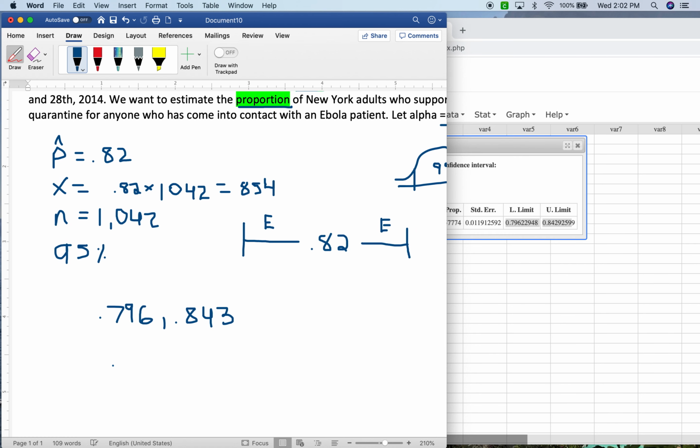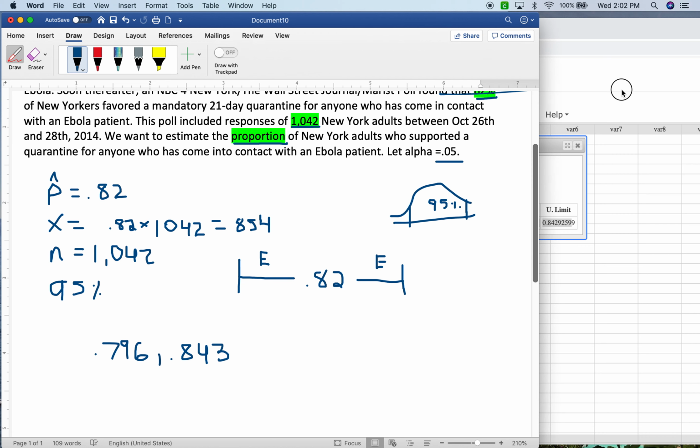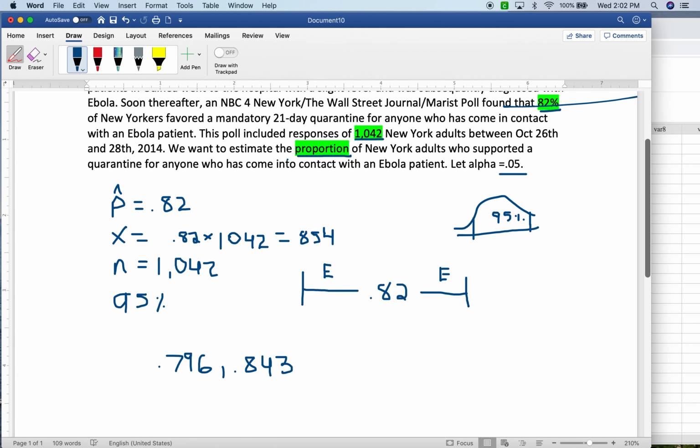Changing these to percentages to make for our interpretation. Going back to our original problem, this tells us that the true proportion of New York adults who supported a quarantine for anyone who has come into contact with an Ebola patient is between 0.796 and 0.843. If we want to change that to percentages, it would be 79.6% to 84.3%.